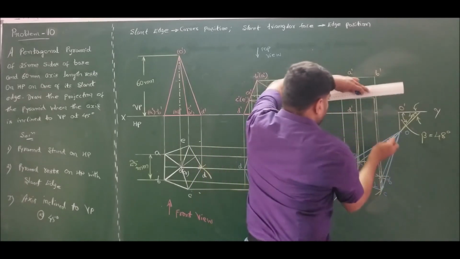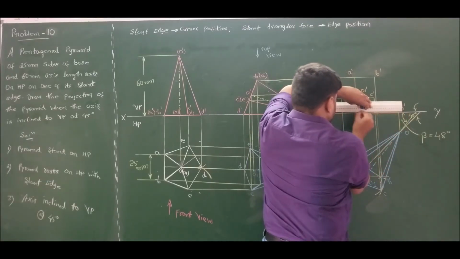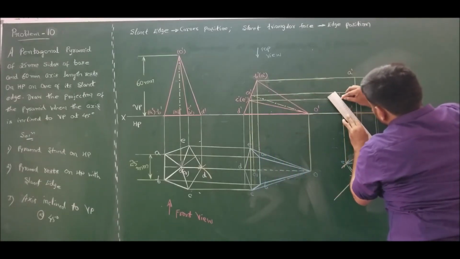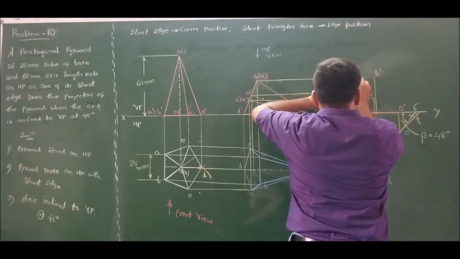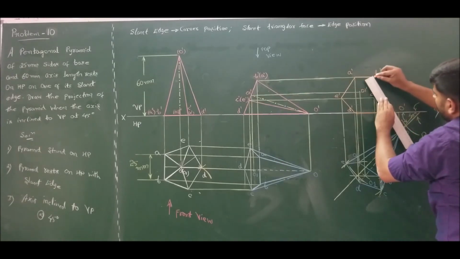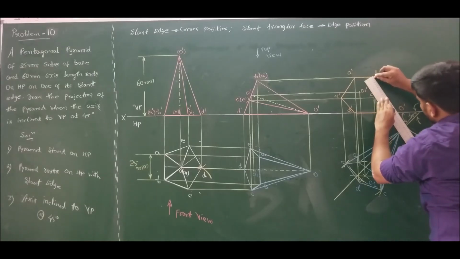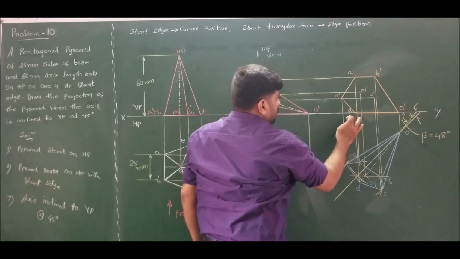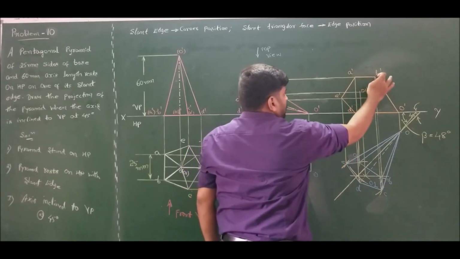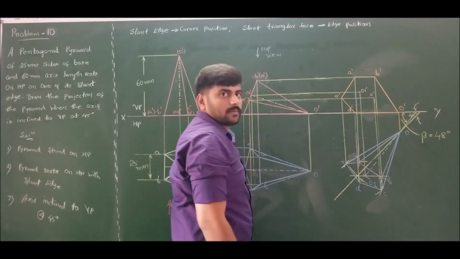The boundary will be O to D, D to E, E to A to B and B to O prime. So the boundary is O prime, D prime, E prime, A prime, B prime and again O prime.